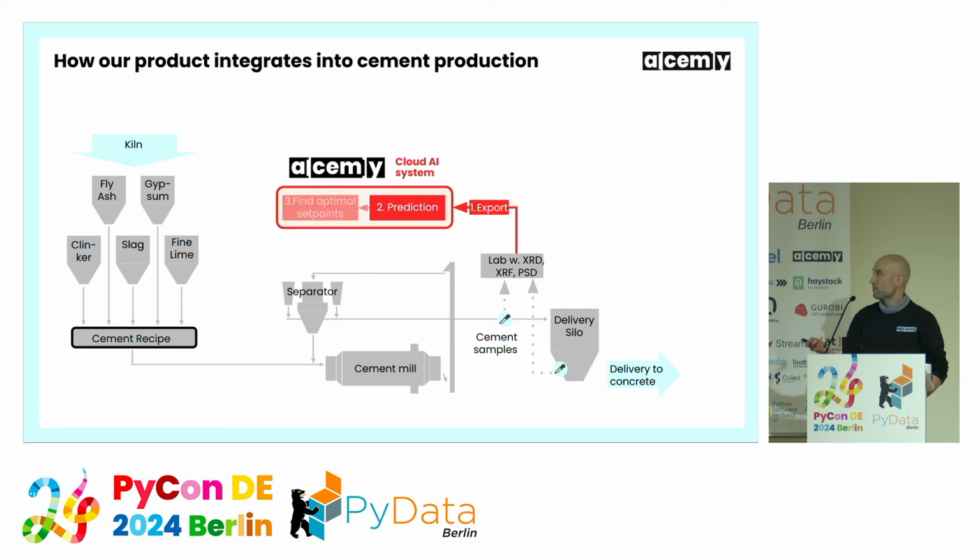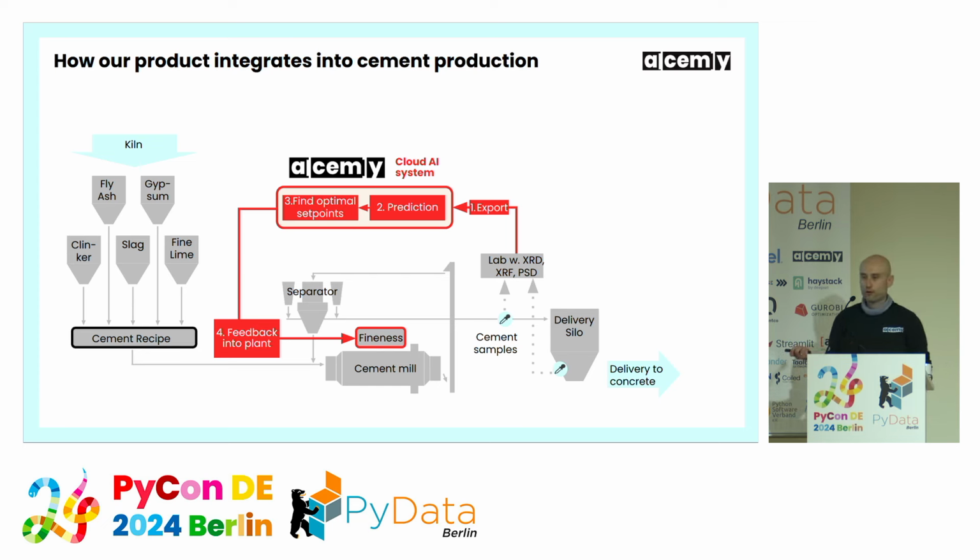Actually, they want something that is 50 megapascals, so we can use that prediction to compute optimal set points and say, okay, we're a bit too strong, please grind more coarsely. Then they, or the expert system, adjust the fineness of the mill, and this control loop keeps running 24/7 in the cement plant, so we can adjust production on the go to counterbalance any strength variations due to mineralogy and chemistry.